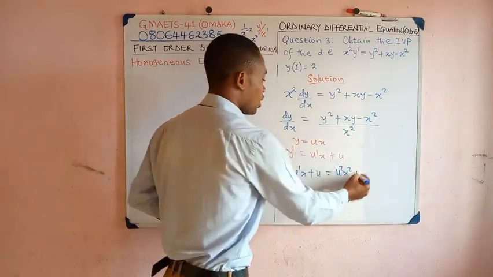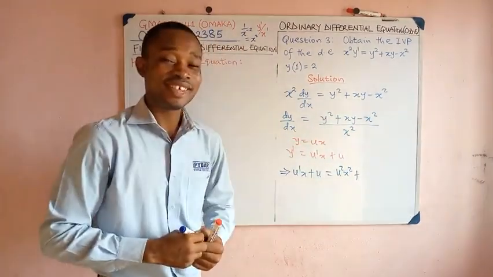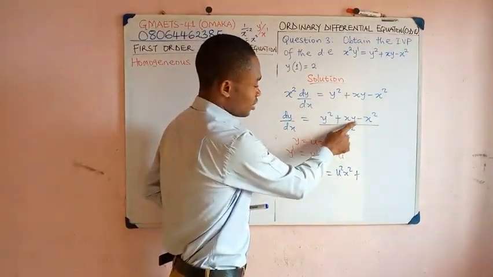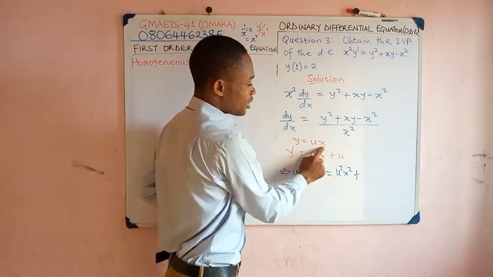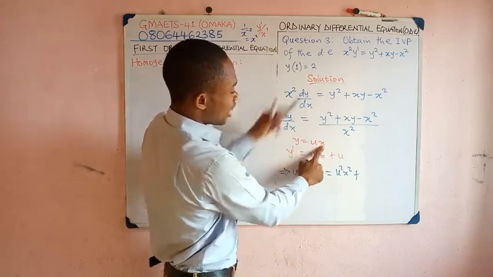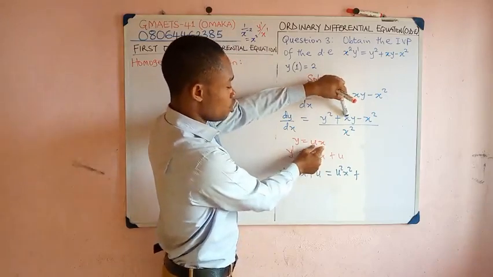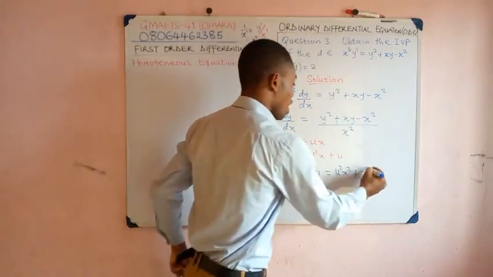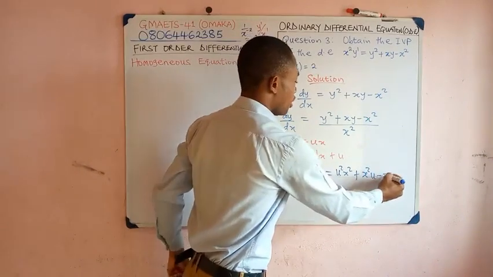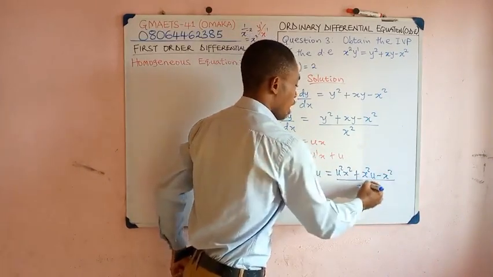Now let's do that quickly, okay? This is x, this is y, and y is ux. So it's going to be x times x times u, which will give us x squared u. So I have x squared u, then minus x squared all over x squared.